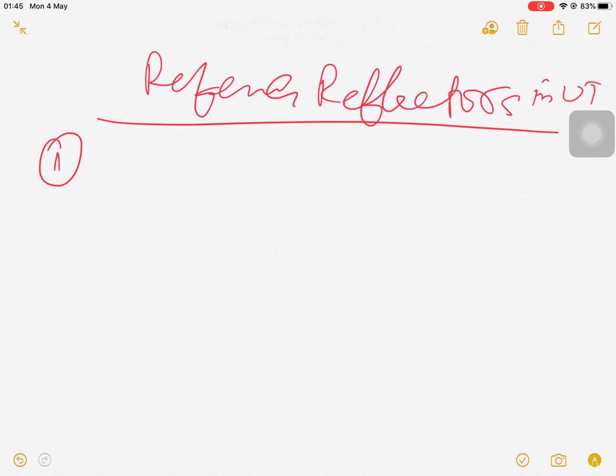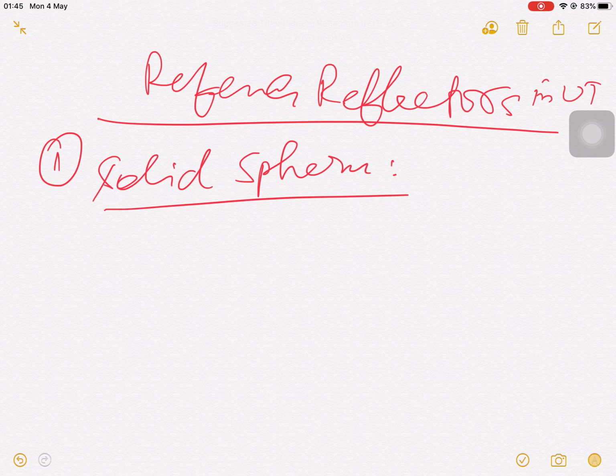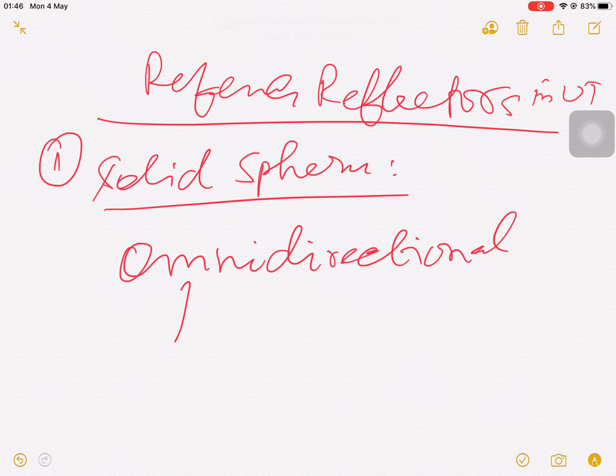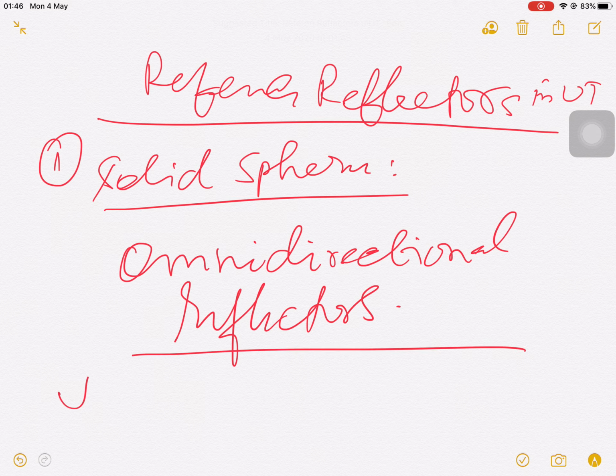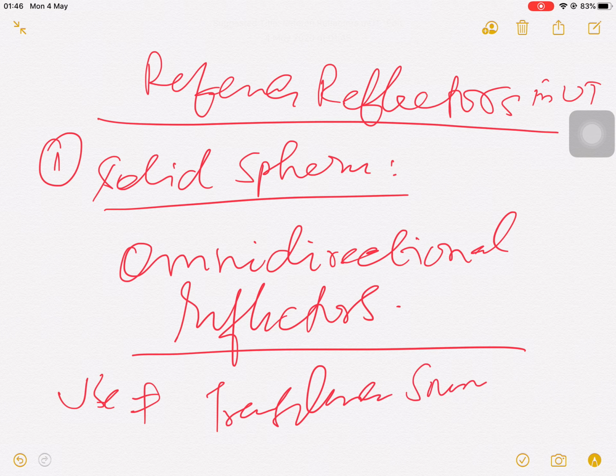First, if I take a solid sphere, a solid sphere has the characteristic of an omnidirectional reflector, and it is used for transducer sound field assessment.